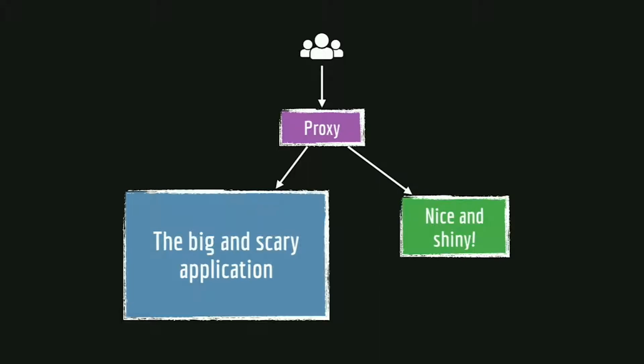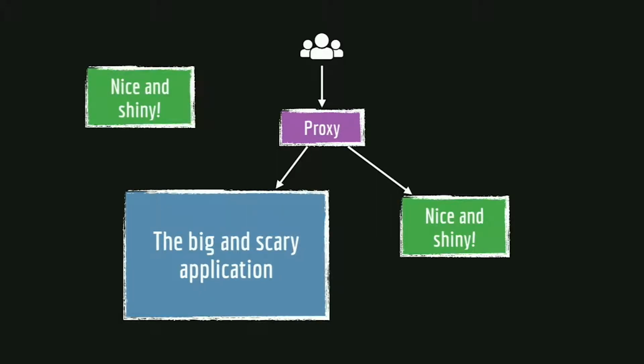Then once you tested that, you just switch the entire thing, and now instead of going to your previous application, this particular endpoint gets processed by this nice and shiny thing. If you want to do this over and over again, you can create things, do your tests, and ensure.